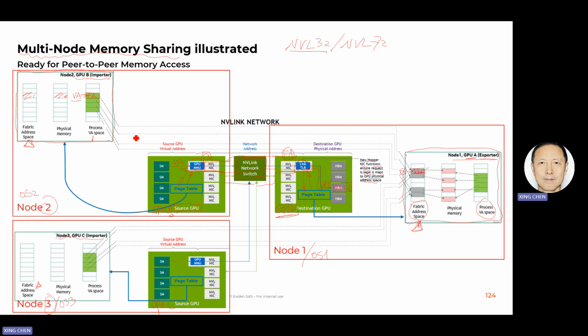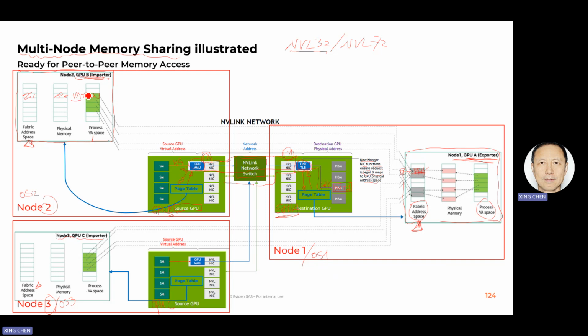I just want to point out that between this page table and this page table, you have a link as a dashed line. This link only means the fabric address is pointed here.